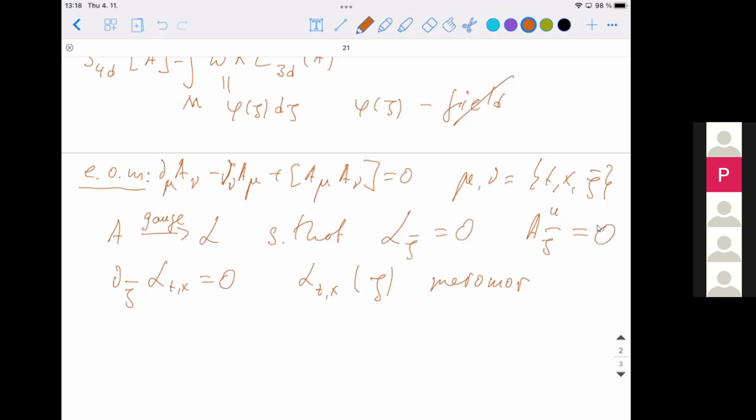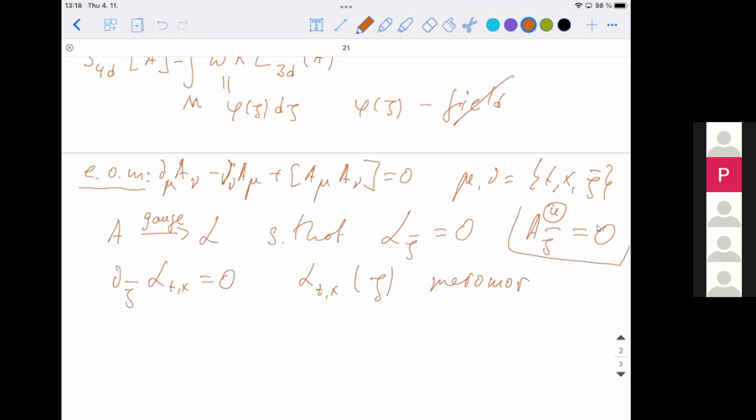What is L? Well, L will be defined later as a Lax connection. Oh, so you take A, you make a gauge transformation, and then you call it L. So we will take this gauge transformation so that this part goes away.